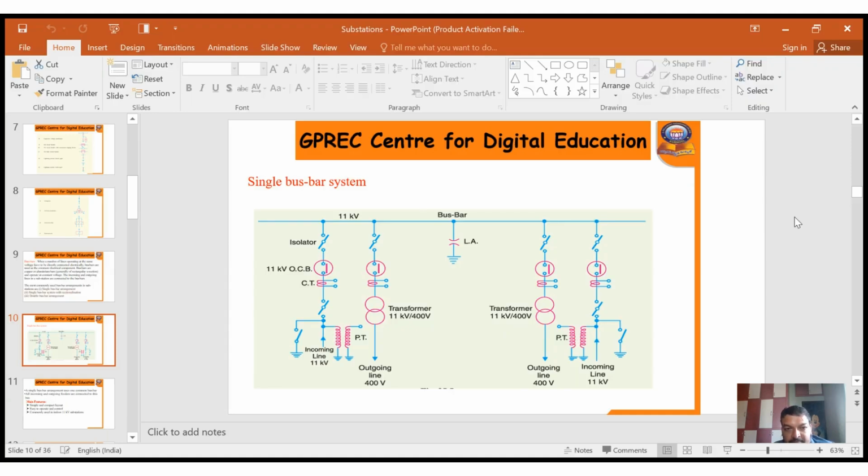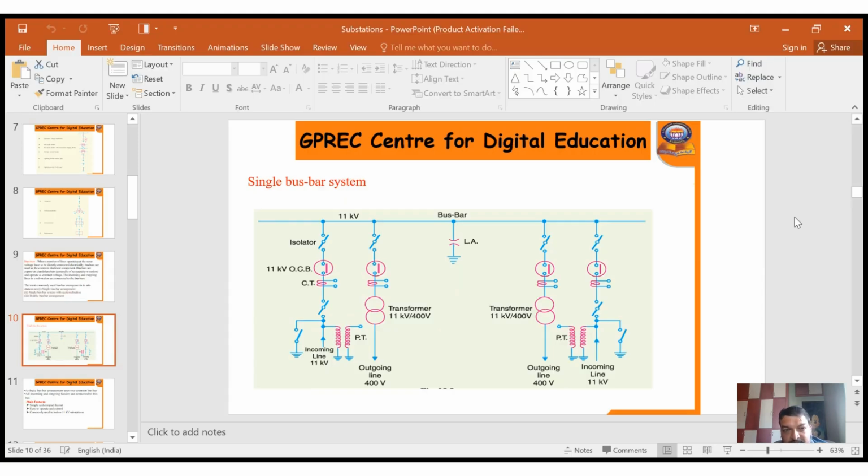See the diagram of single bus bar system where the input voltage is 11 kV and the output voltage is 400 volts. All the lines of 11 kV are connected to the same equipment.